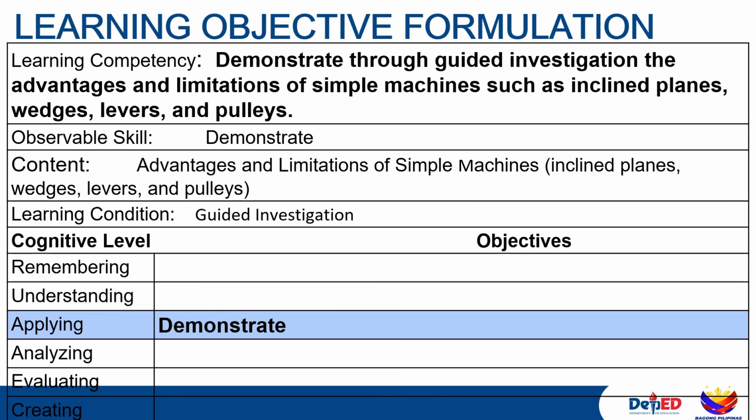Another example of a learning competency: demonstrate through guided investigation the advantages and limitations of simple machines such as inclined planes, wedges, levers, and pulleys. The observable skill is demonstrate.